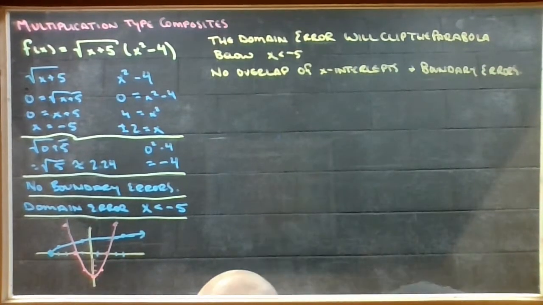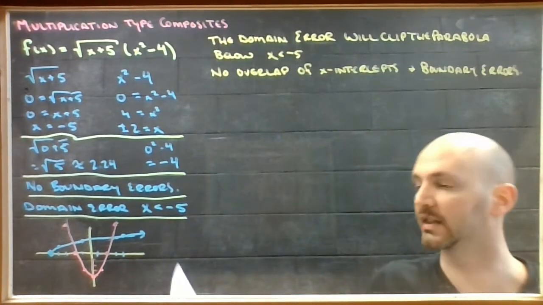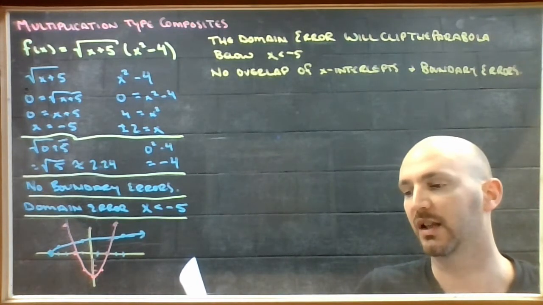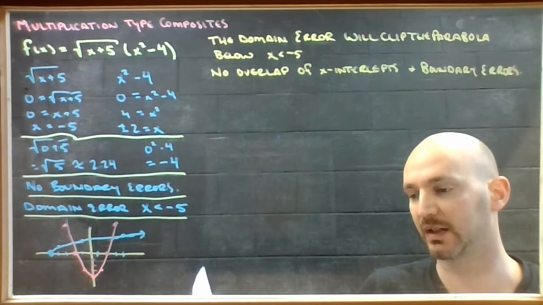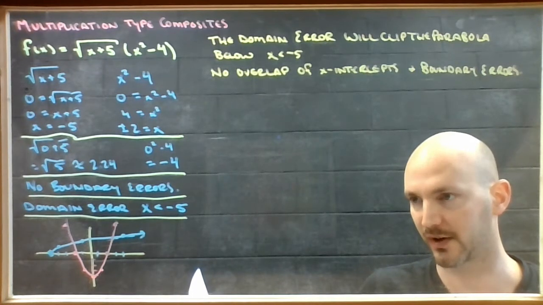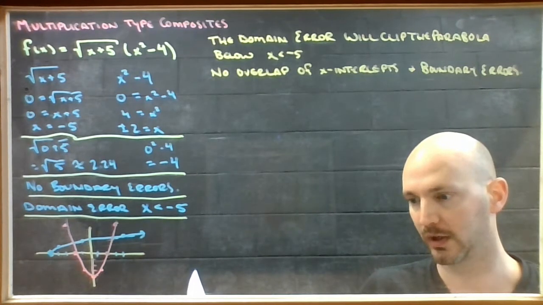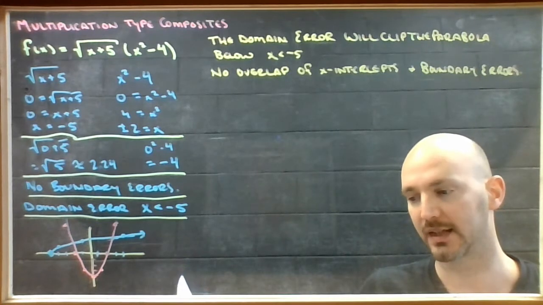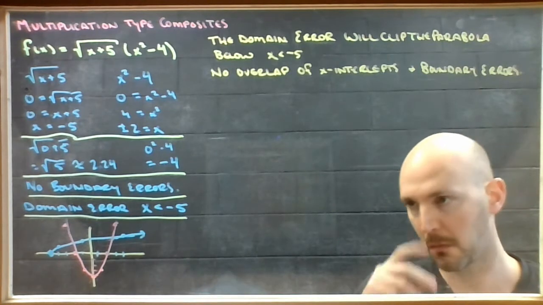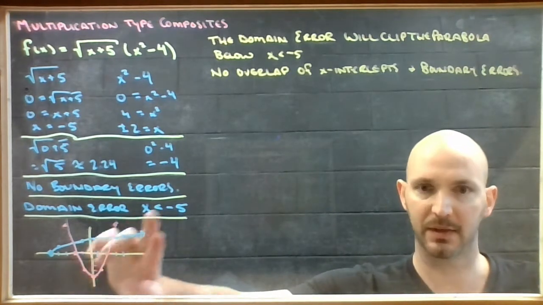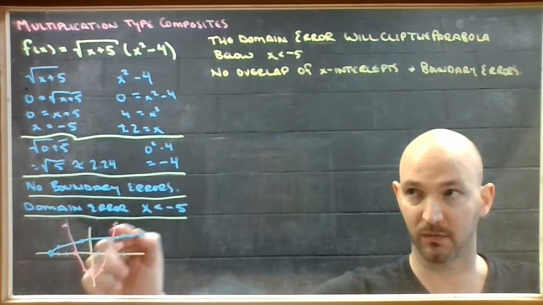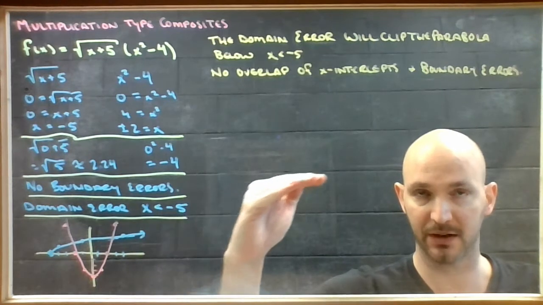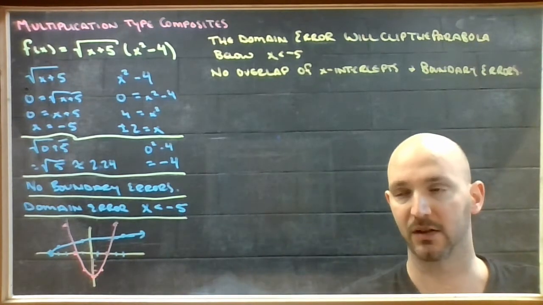All right, part G. Oh wait, we just did that. Part H. Use logic, patterns, or the limit as x goes to plus or minus infinity to determine the end behaviors of this function. Okay. So as x goes to positive infinity, this radical gets bigger and bigger and bigger as it goes along.